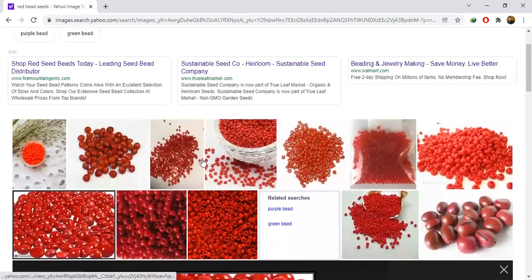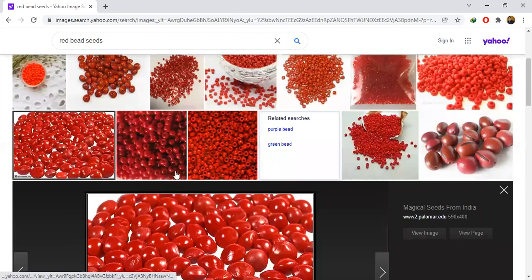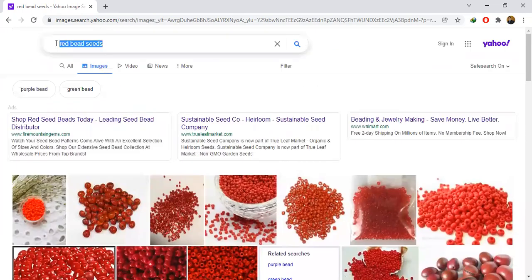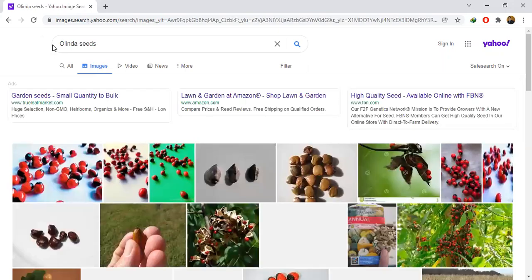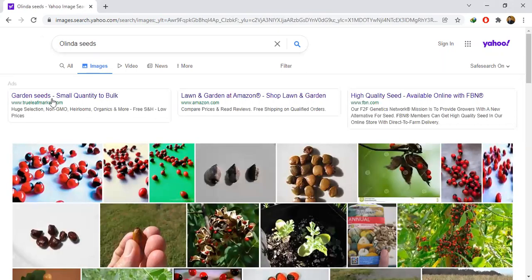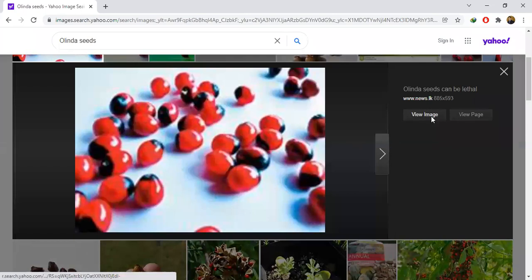Okay. So this is manjadi, and another one is there. In Sinhala, they call it Olinda. Olinda is Kundri Mani. In Olinda seeds, there will be two colors, a black color and a red color.